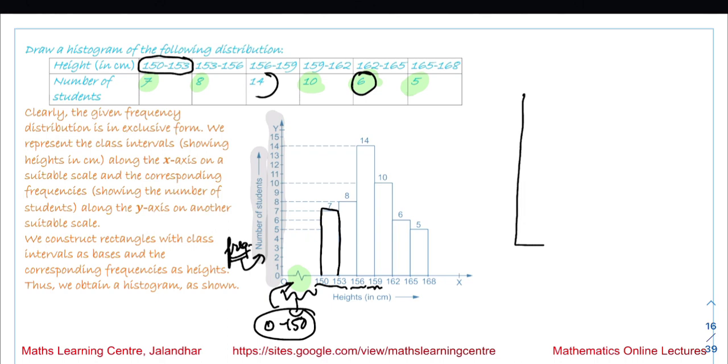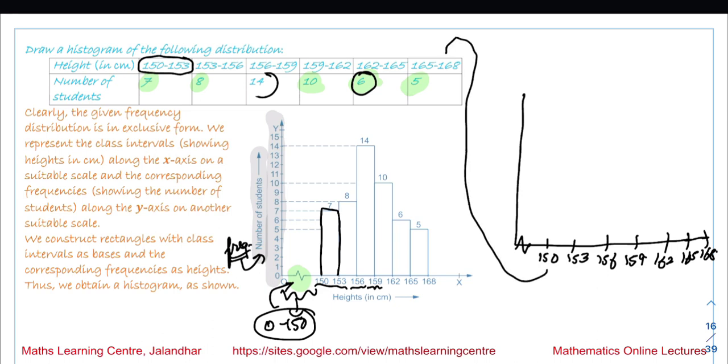So we have marked it like this: 150, 153, 156, 159, 162, 165 and 168. Why are we marking it like this? This we know from these values. On the y-axis we have marked the points like this: this is 0, then 1, 2, 3, 4, like this. We have marked the points up to 15.